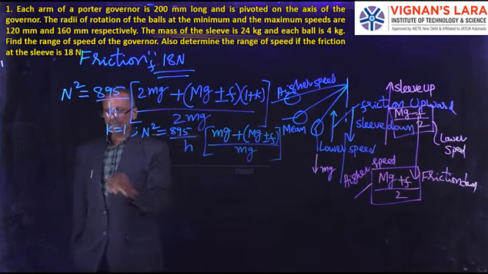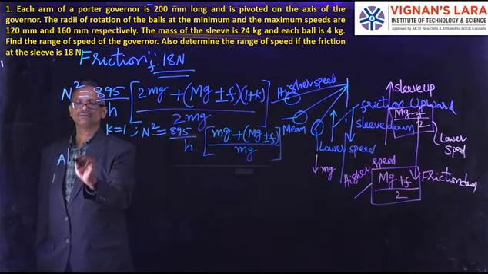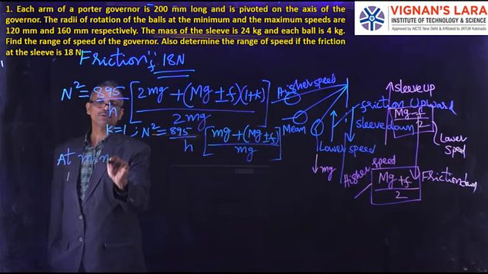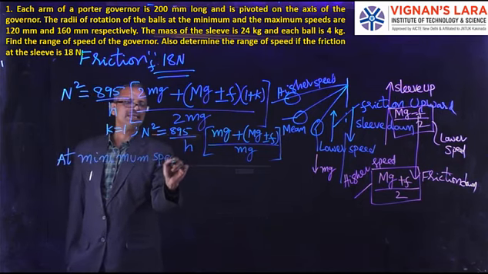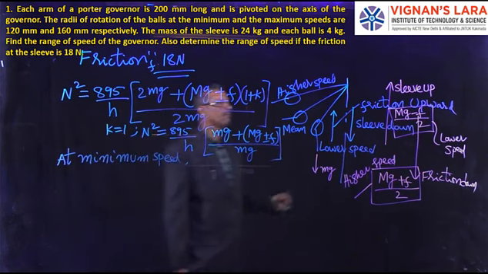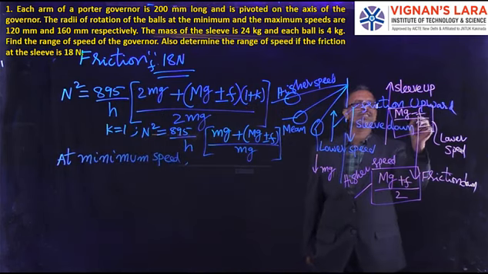So at minimum speed, as I said just now, at lower speed friction is negative.